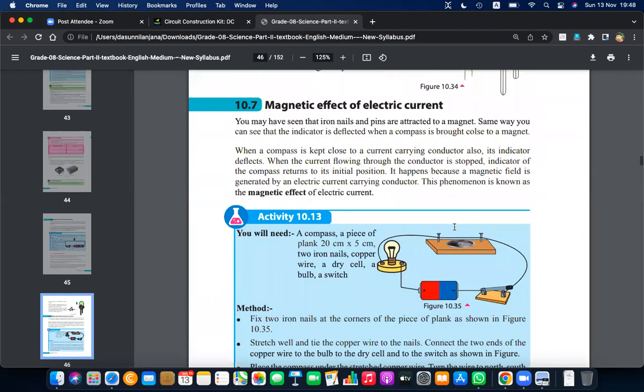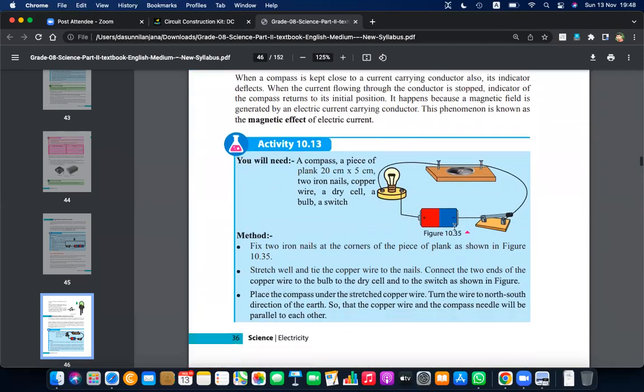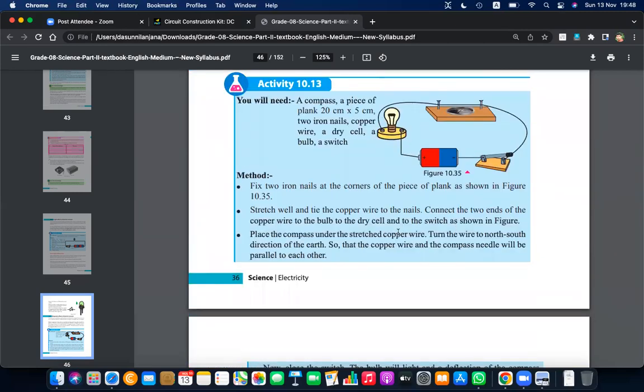Then the magnetic effect of electric current. Actually, we learned that in our previous lesson, electromagnets. When there is a coil and we supply power to that coil, especially when it is wrapped on an iron core, it will be very strong, but even the coil itself will have a magnetic effect, right?